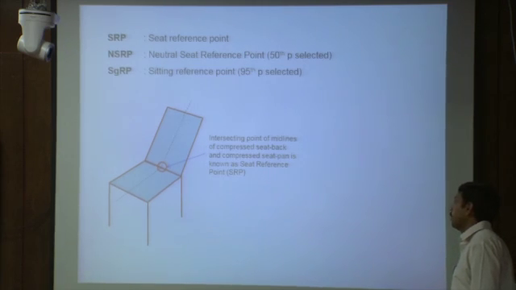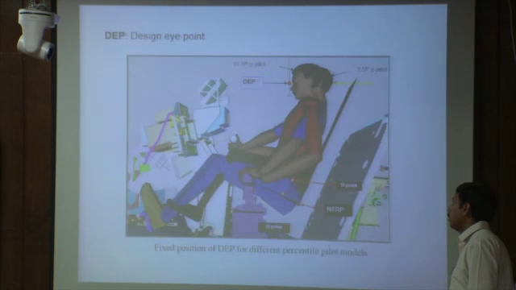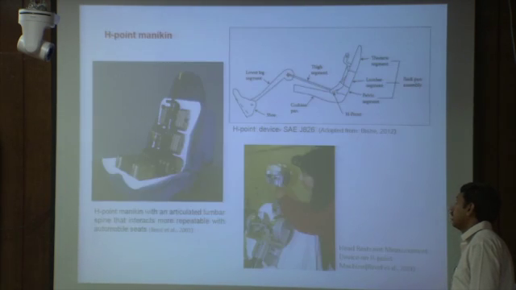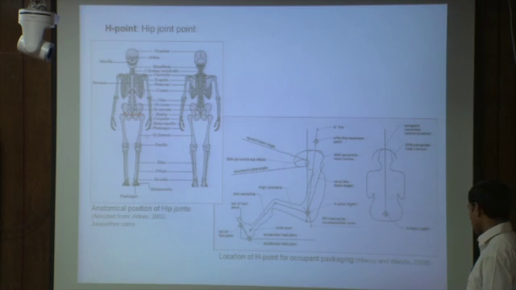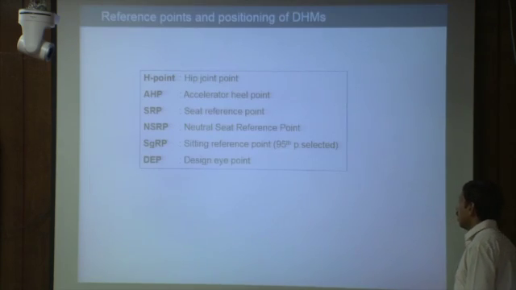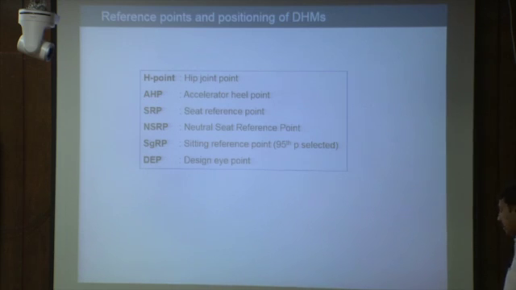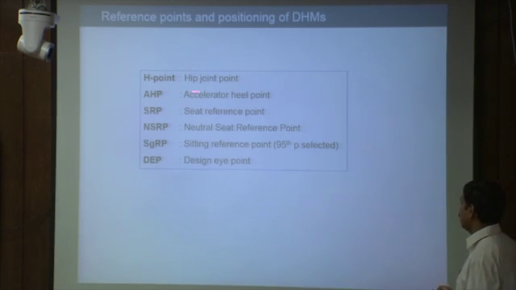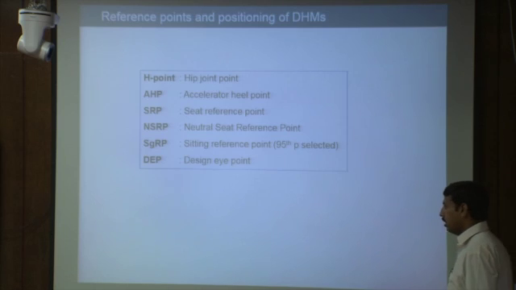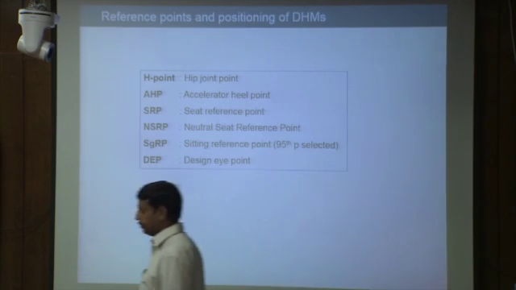So after discussing the H point, the SRP, NSRP and SGRP, we want to discuss another point, mentioned here as AHP, accelerator heel point. What is the accelerator heel point? Accelerator heel point is another reference point. Here we can show this one.